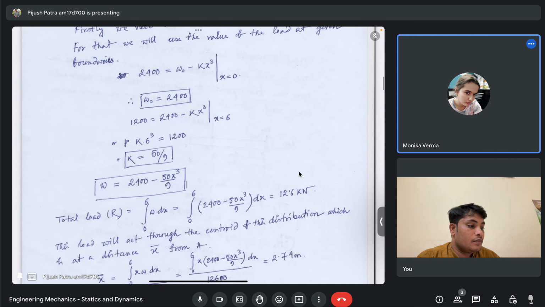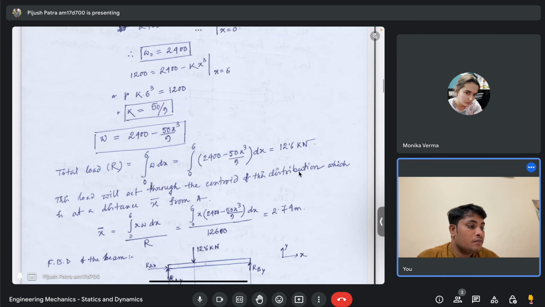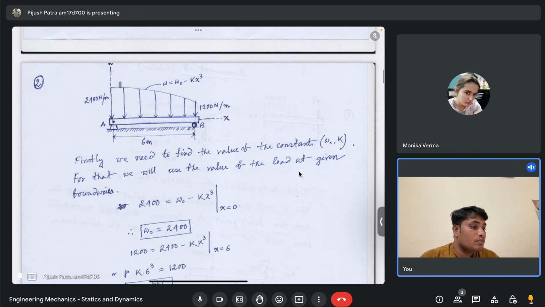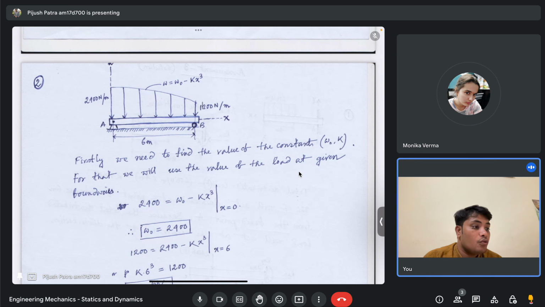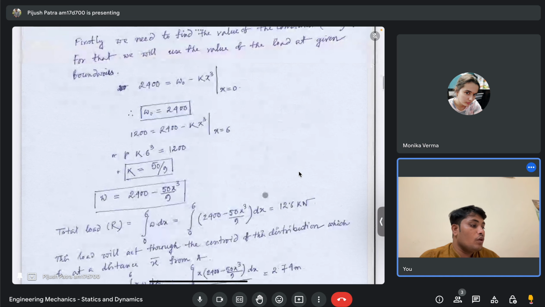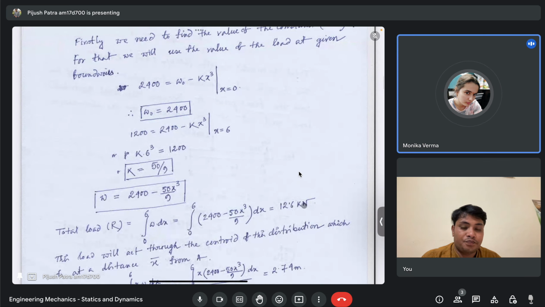If you do that integration of this function with respect to x from 0 to 6, you will get 12.6 kilonewton. So because of this distributed load, the total load which the beam is experiencing is 12.6 kilonewton.